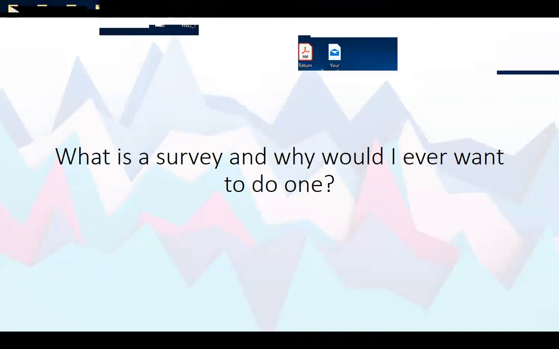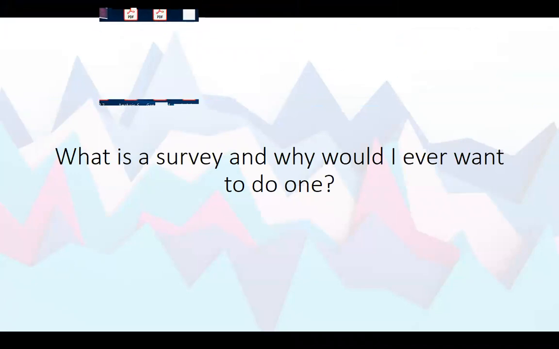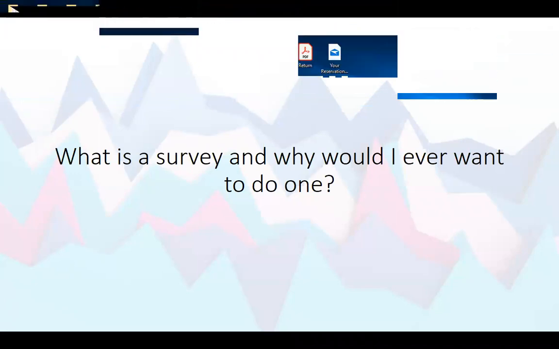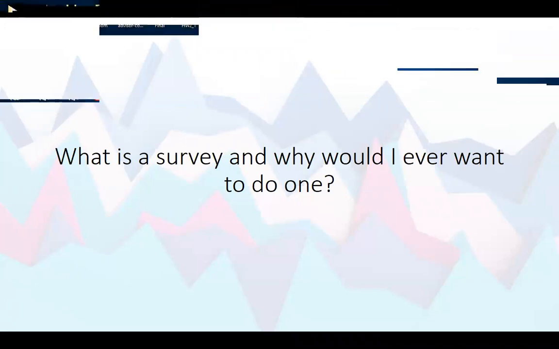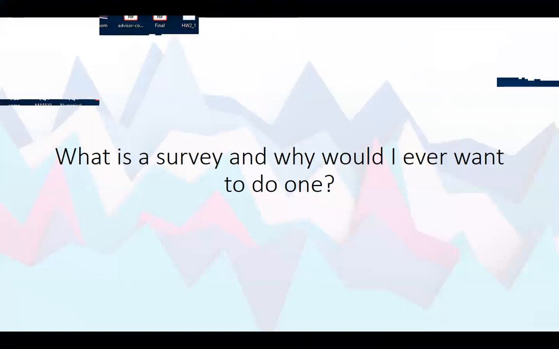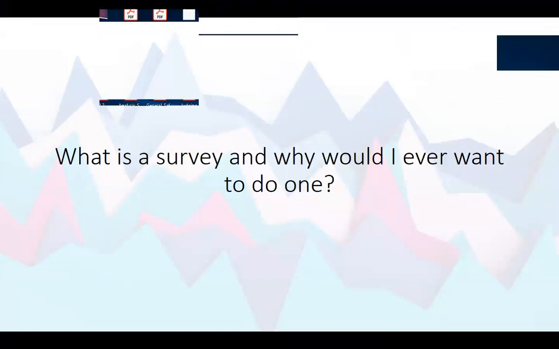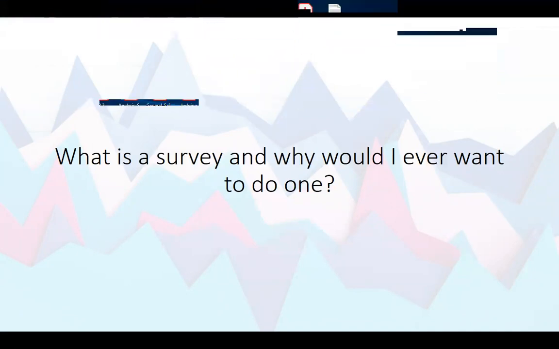Plus, there's the temptation that if you just slap together a survey and get some numbers from people, you can do some really interesting things with statistical analysis and analyze that data numerically and quantitatively and say some hopefully interesting things about the people that you studied. But today I'm going to talk to you about all the ways in which that can go wrong and you won't even realize it.